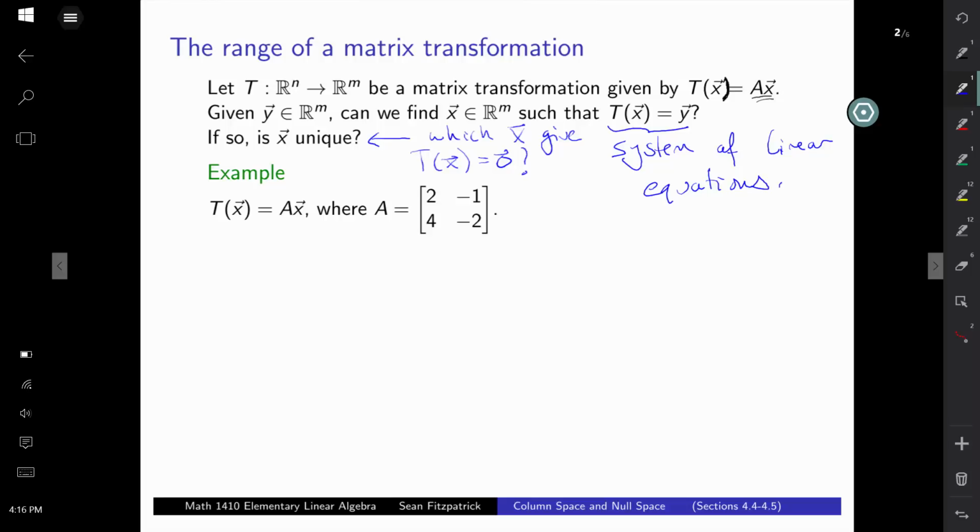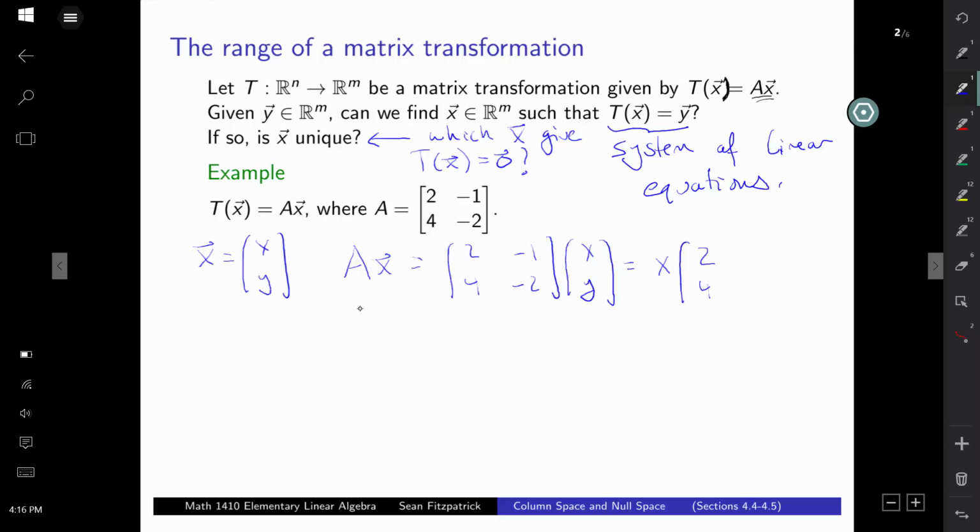Okay, now let's just think about this in this example. T of x equals A times x. We were wondering, what does the output look like? What does the range look like? So we write x as the vector (x, y), and we look at A times x. A times x is the matrix with rows 2, minus 1 and 4, minus 2, times (x, y). So I get x times (2, 4) plus y times (minus 1, minus 2).